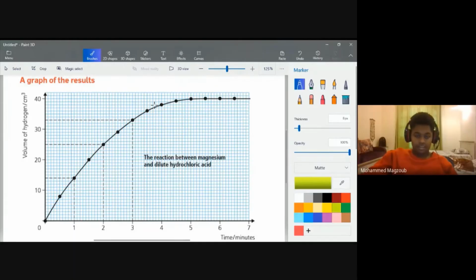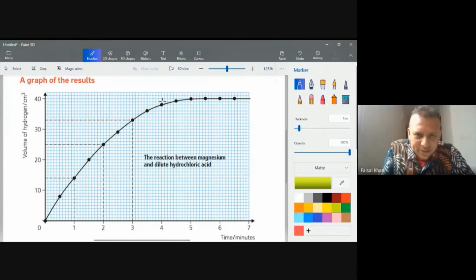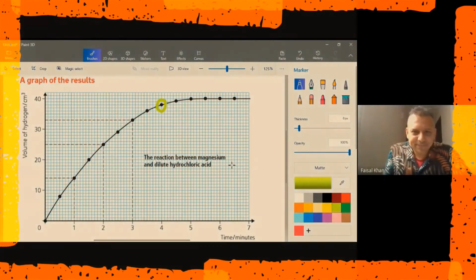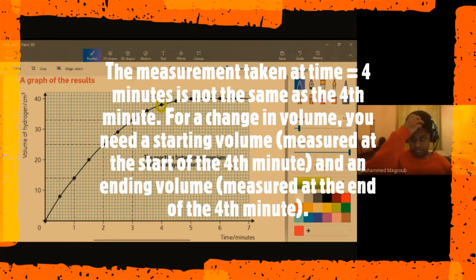Go right. Yes, here. So you want me to mark there? Is that where you think the 4th minute is? Yes. 100%? Yes. All right.